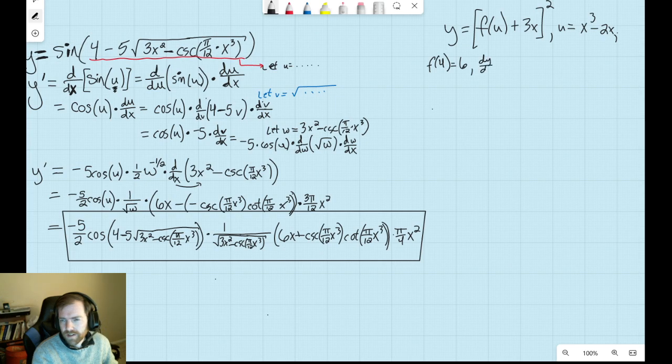Alright, dy dx equals 18 when x is 2, find f prime of 4.